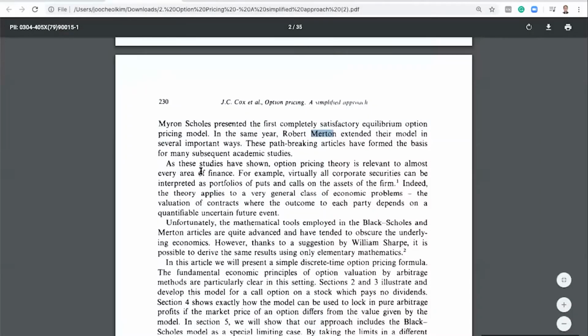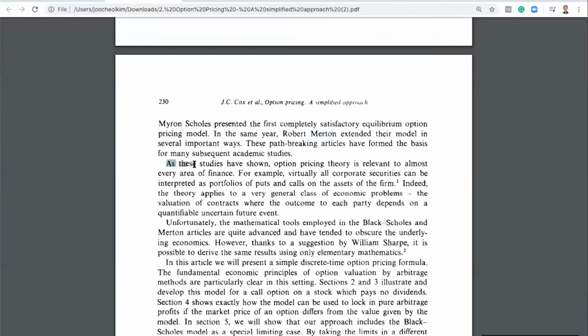The importance of their discovery is that, as these studies have shown, option pricing theory is relevant to almost every area of finance. This is what I wanted to point out several times. If you know the basic option pricing theory, you can cover almost every area of finance. For example, virtually all corporate securities can be interpreted as portfolios of puts and calls on the assets of the firm.